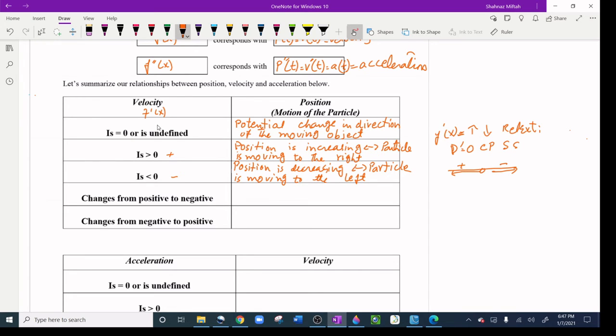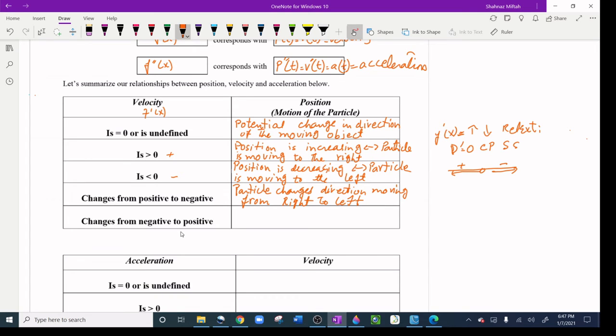But since we are talking about a velocity, we're going to say the particle changes direction, moving from right to left, positive to negative. This one changes from negative to positive.